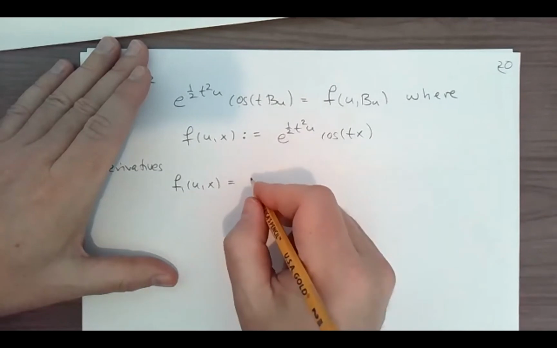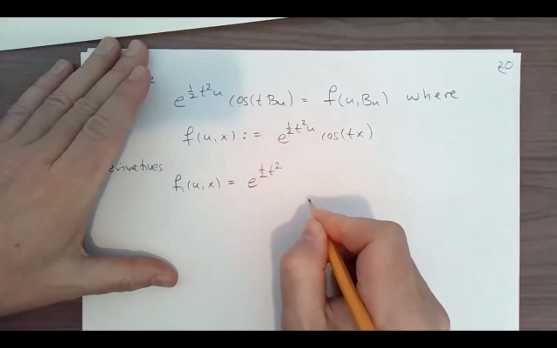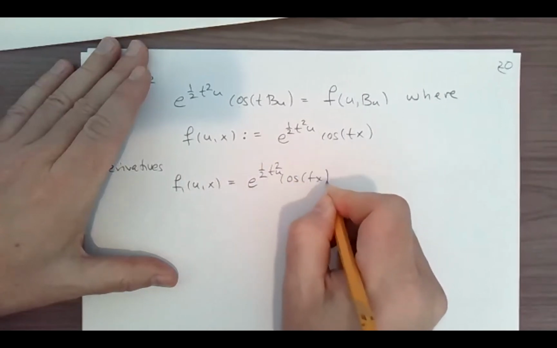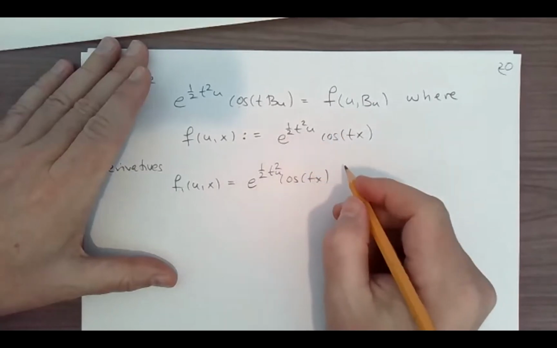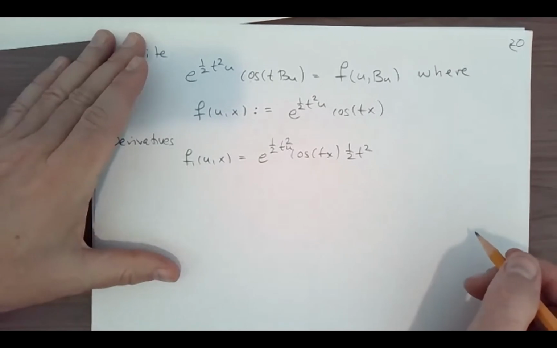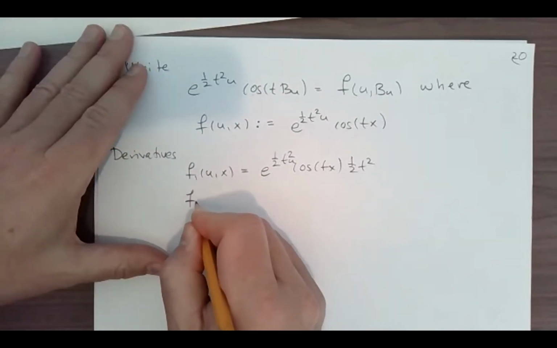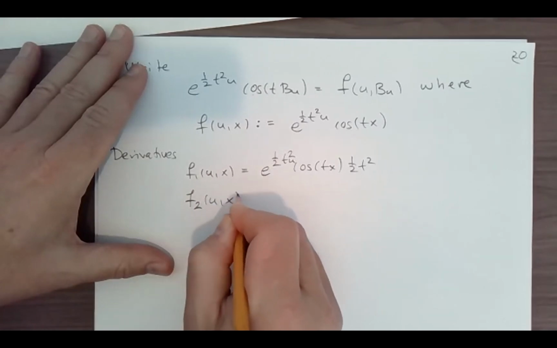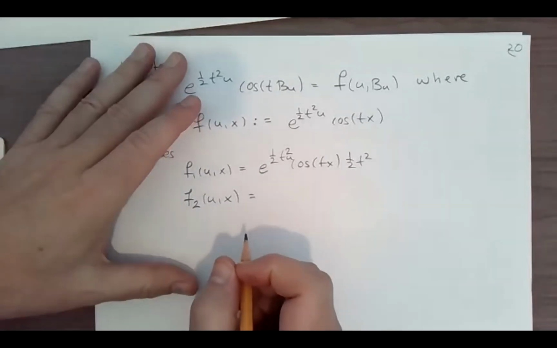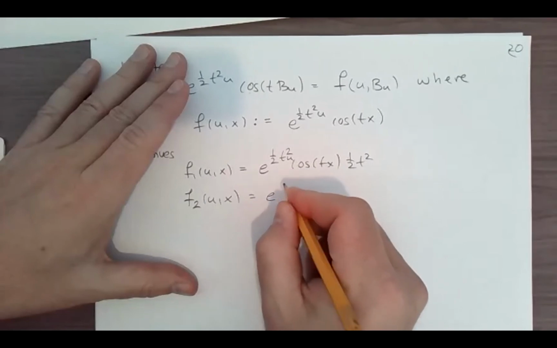This will be e to the 1/2 t squared u cosine tx, and then the derivative is going to be 1/2 t squared. And then you need f2, the first derivative with respect to x. So what are we going to get now? We're going to get the exponential terms out there.